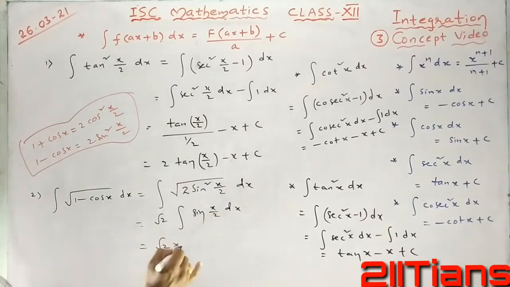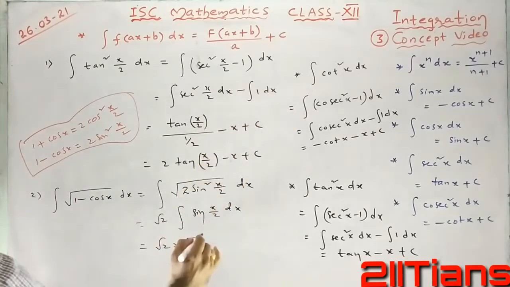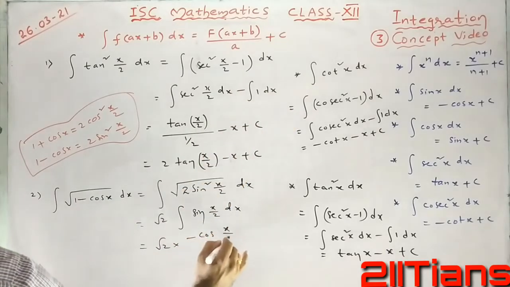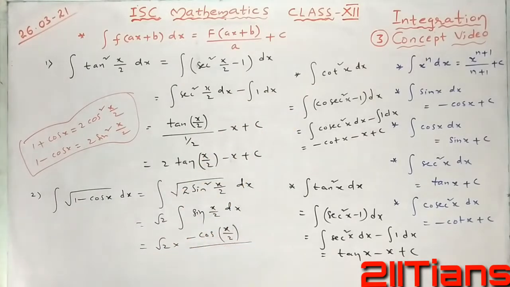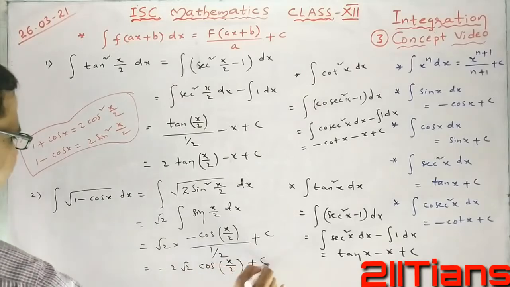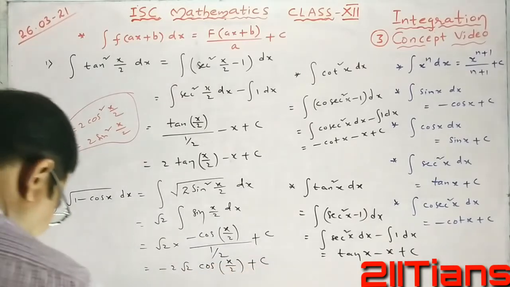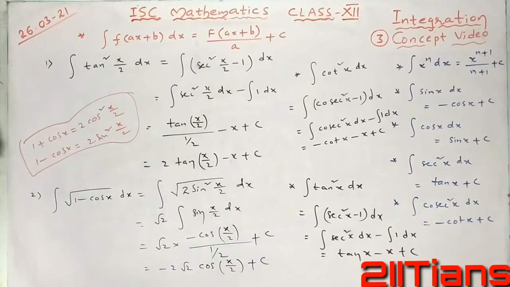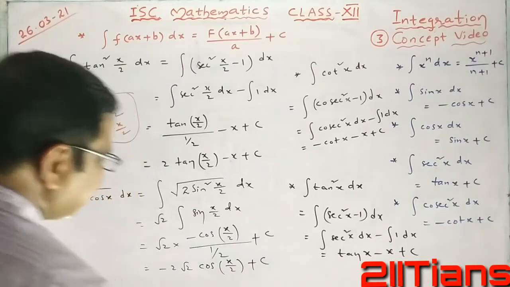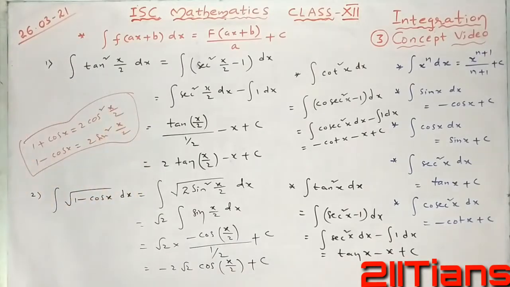Root 2 times the integration of sin is minus cos x by 2 upon the coefficient of x, which is 1 by 2. That you should never forget. So this 2 will come into the numerator: minus 2 root 2 cos x by 2 plus c. That is the answer. Hope it is clear.